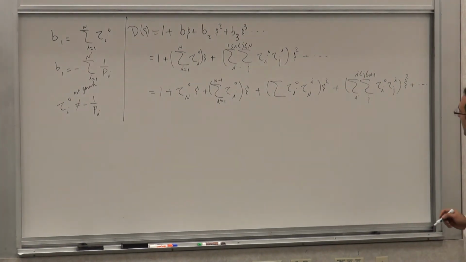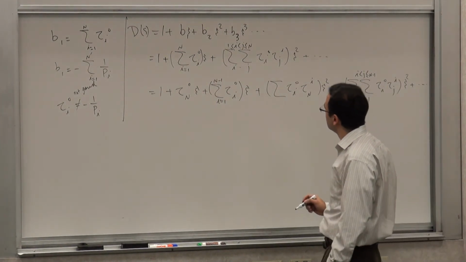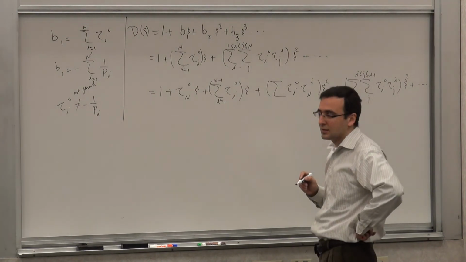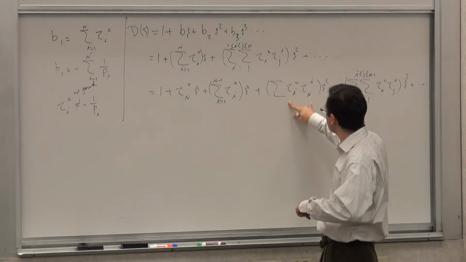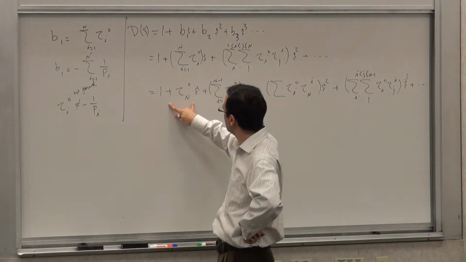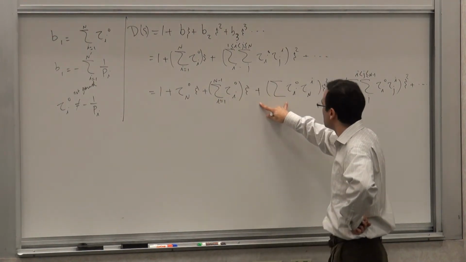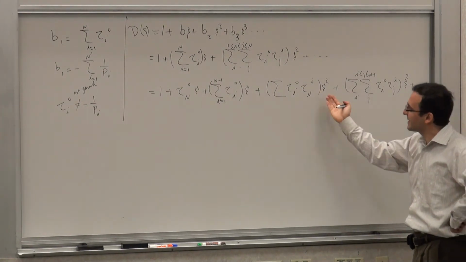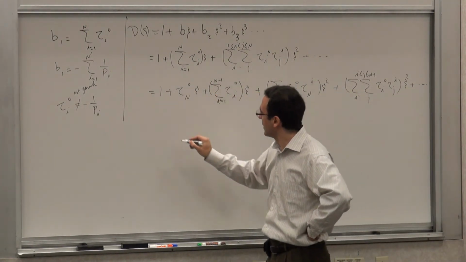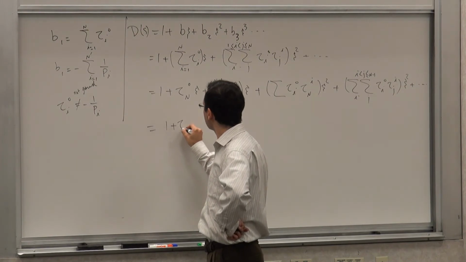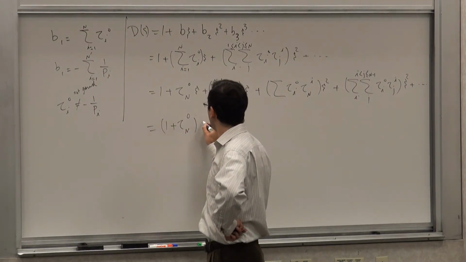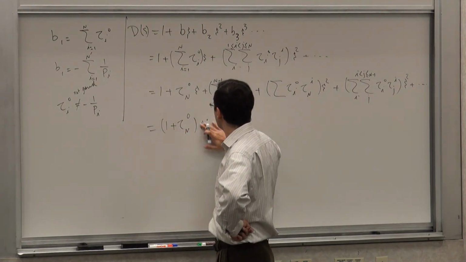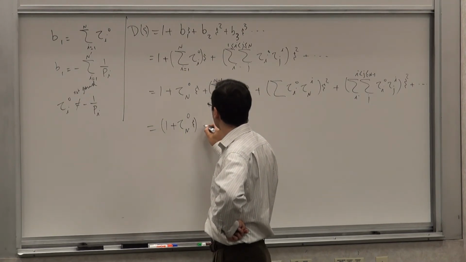Okay? And now I do something different. I take these two, and I take these two, and I take this and the next one, and so on and so forth. So I take that term that I've taken out with this guy. So here I have 1 plus tau n0 s, plus.